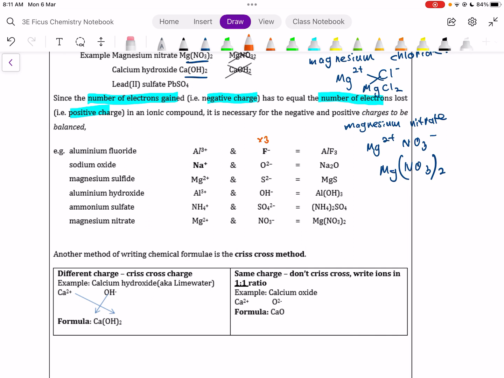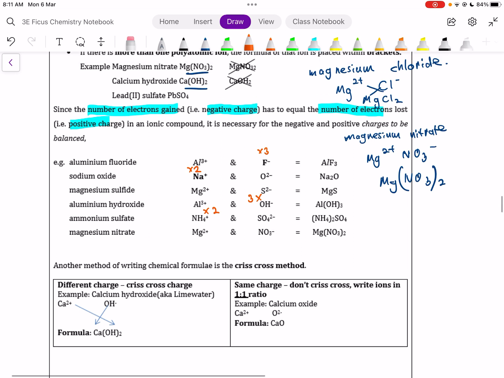Or sodium oxide: you have to have two of the Na+ to balance off the O2-. Then you have to have three of the OH- to balance off the Al3+, and two of the ammonium to balance off the SO4, but of course put a bracket because it's polyatomic ions.